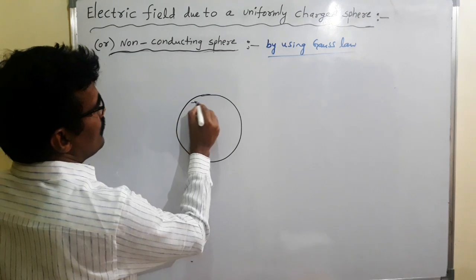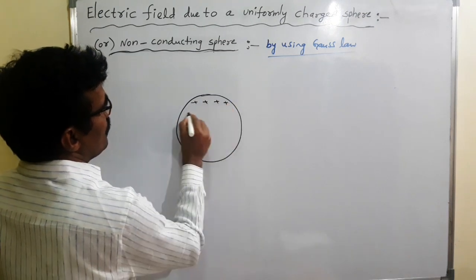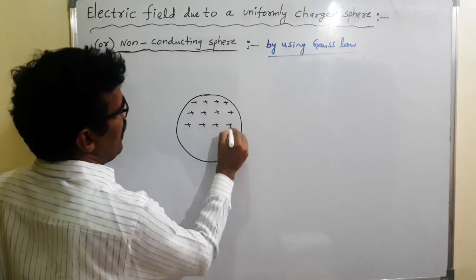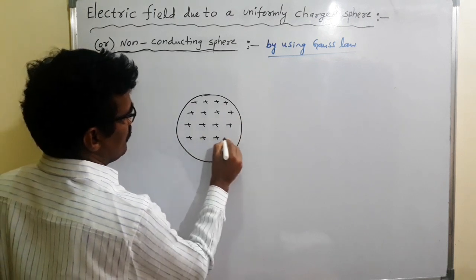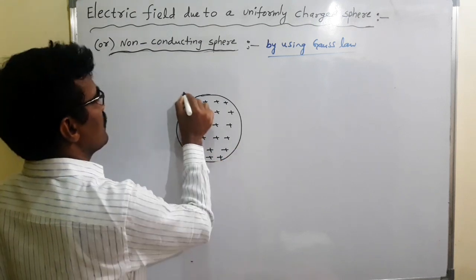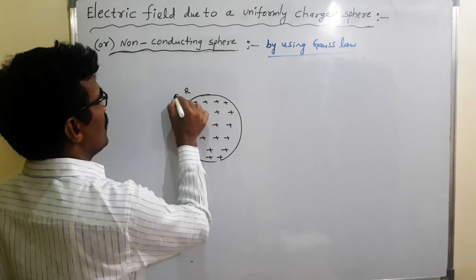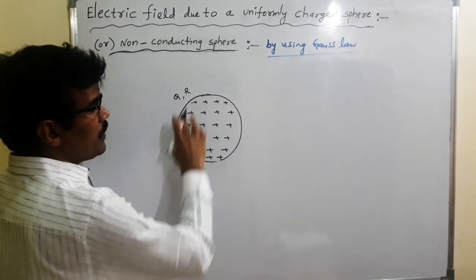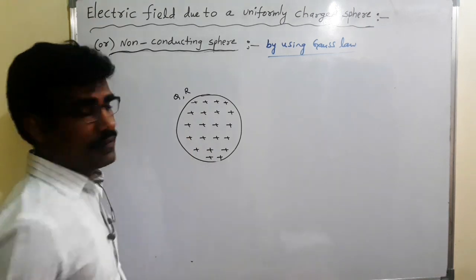The total charge capital Q is distributed in the spherical volume of a sphere of radius capital R.